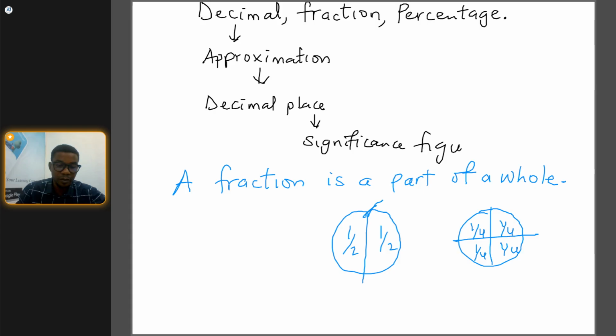Now, this fraction expressed as 1/4, we have to know that a fraction consists of two things, the upper value and the lower value. The upper value is called the what? The numerator. This is called the numerator, and this is called the denominator.